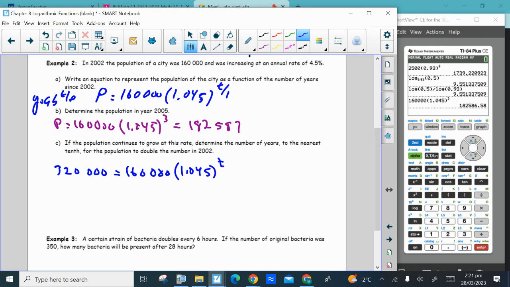And we're going to solve for t. So we would divide both sides by the 160,000, which will give us 2 on the left.